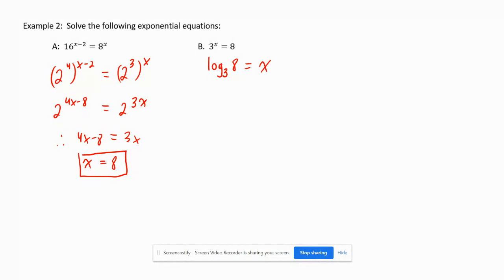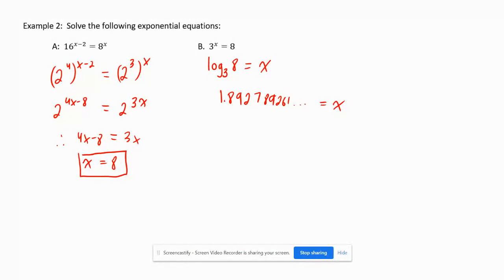And now I can just go to my calculator. And guys, this is not going to be an exact value. This is going to be a rounded value. So math, log base 3 of 8. Answer is, there's my answer over there.